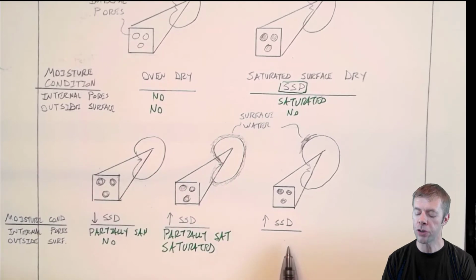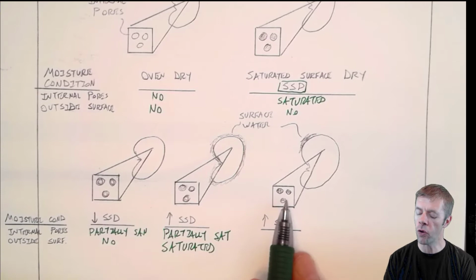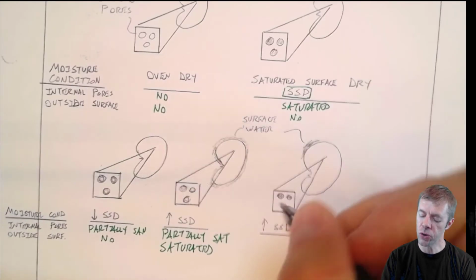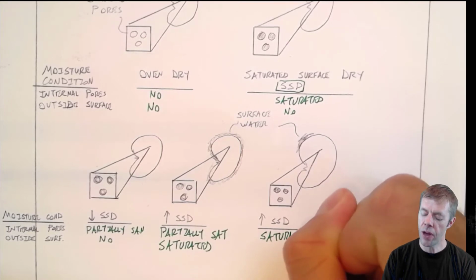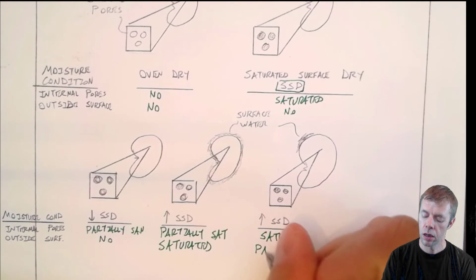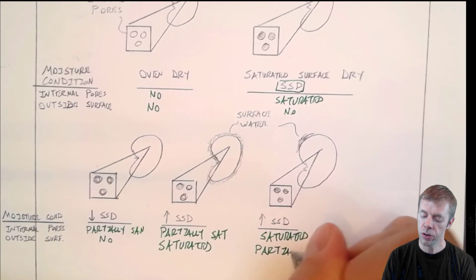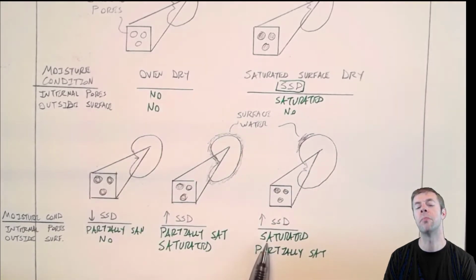And then you could have a situation where all of your pores on the inside are full. Full, full, full. It's totally saturated pores on the inside. But then there's still water on the outside. There's extra water. It's partially saturated on the outside. And again, this would put you above SSD.